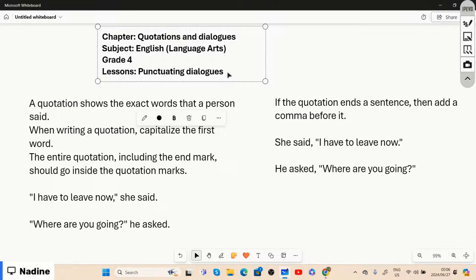All right. So when it comes to quotations and dialogues, when you want to have a conversation or you are writing, and to show that there's a conversation between two or more people, we need to put those words in quotation marks.